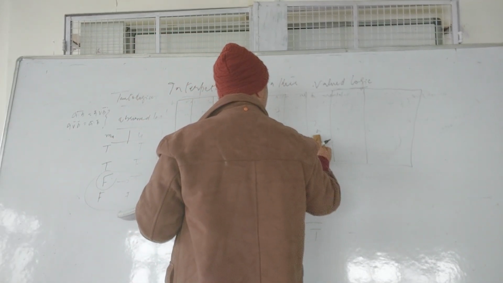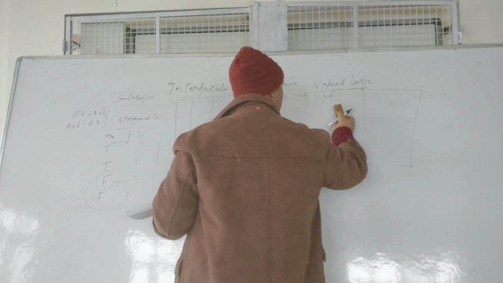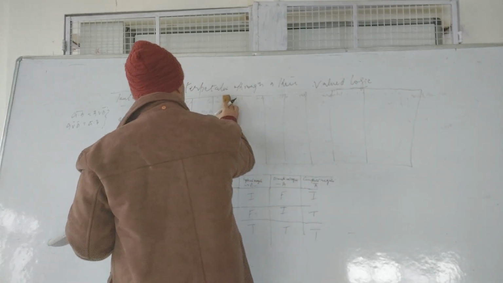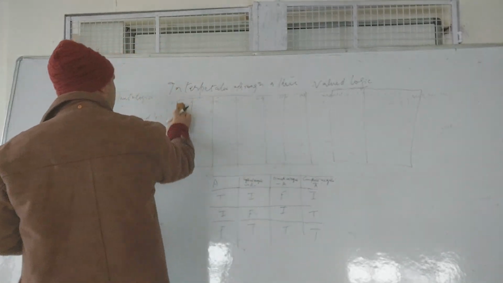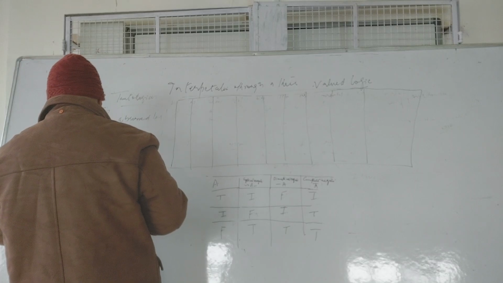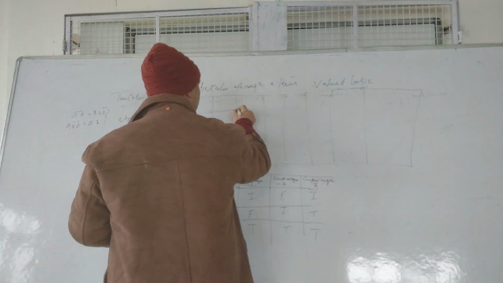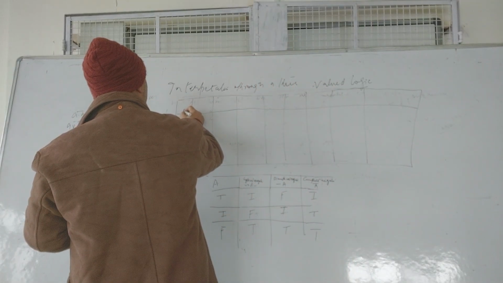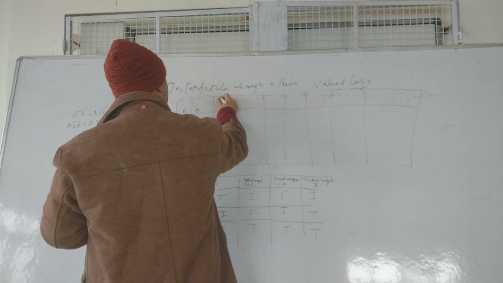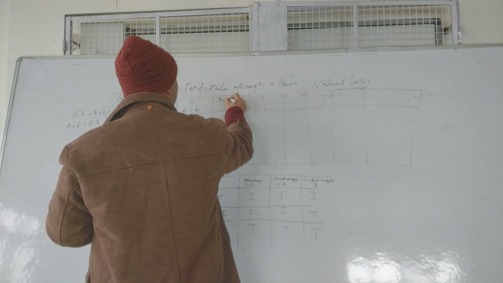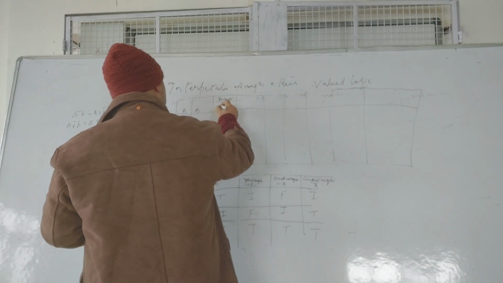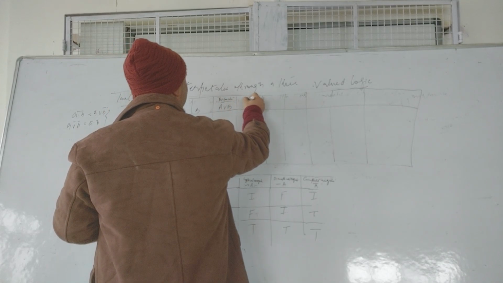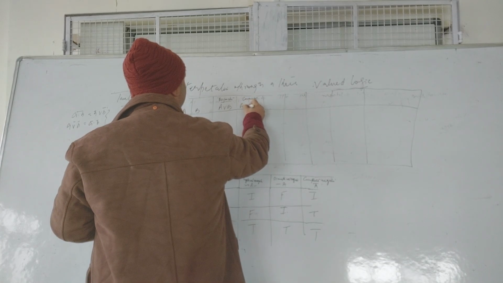So you can see, we'll have A, B. One is conjunction, another is disjunction. Disjunction you can note, related by this disjunction. Conjunction we write as A dot B like this.